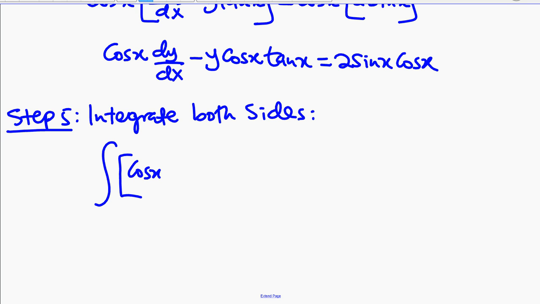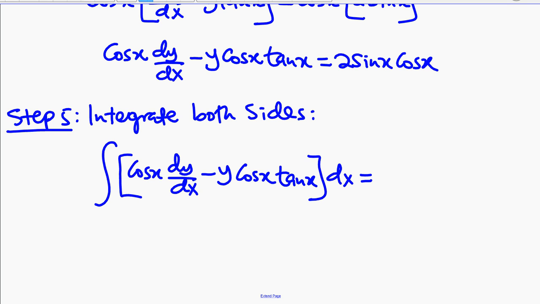So cos x dy over dx minus y cos x tan x will be equal to the integral of 2 sin x cos x with respect to x.